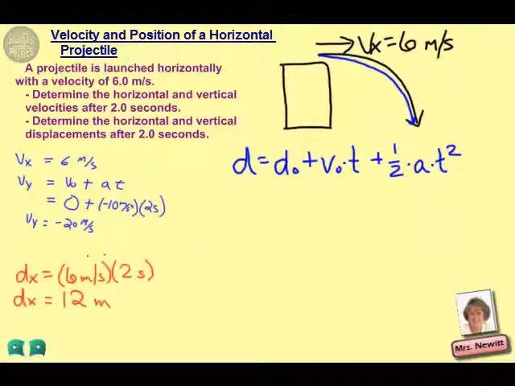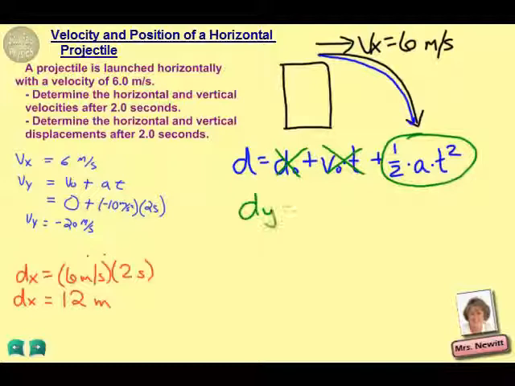Okay, now we'll use the same basic equation in the y direction, and again we want to take a look at just the parts in the vertical direction. We don't need to worry about that initial distance. We also do not have any initial velocity in the y direction. So we are just left with the last part of the equation this time, 1/2 at squared.